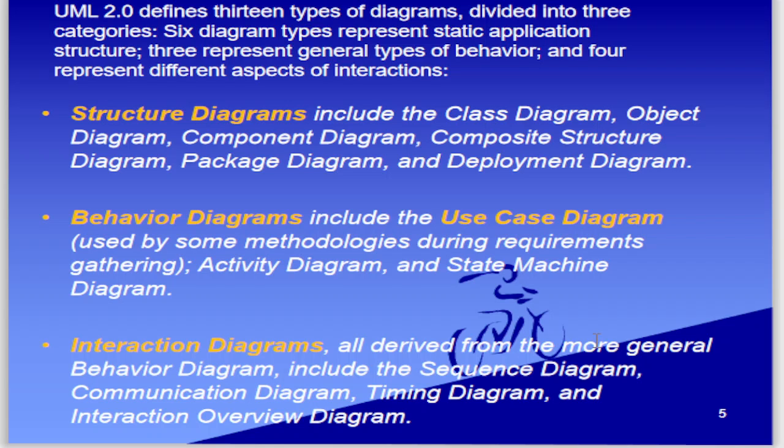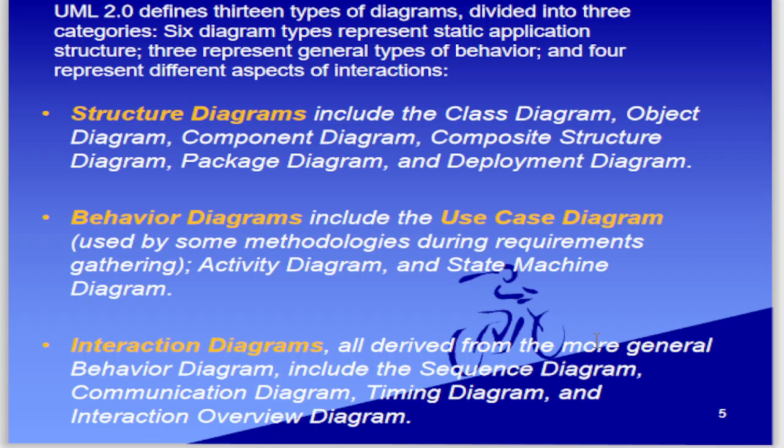With these 3 categories, number 1 is the structure diagrams. It includes the class diagram, object diagram, component diagram, composite structure diagram, package diagram, and deployment diagram.